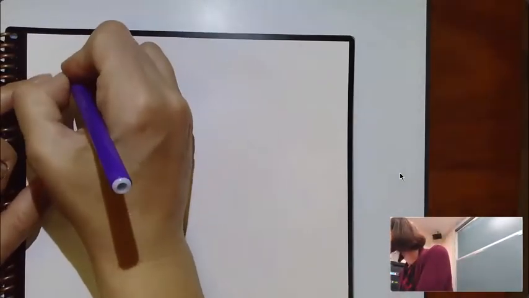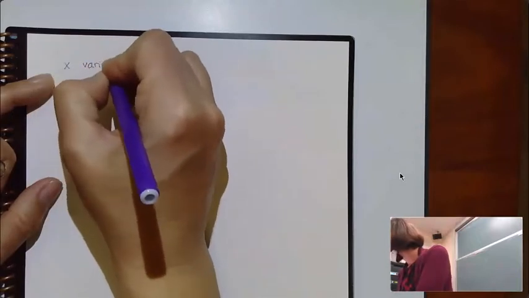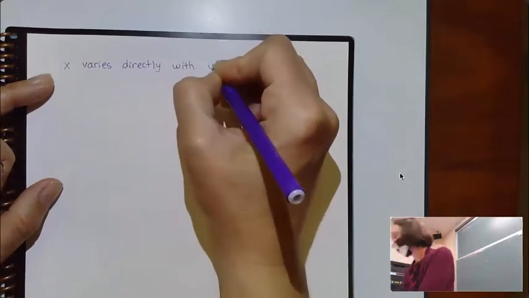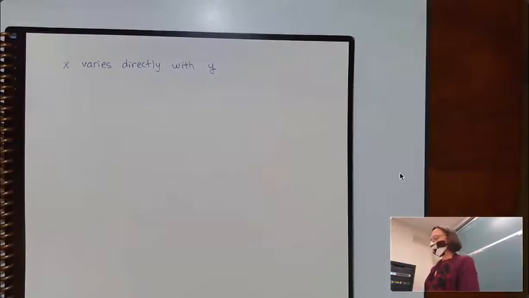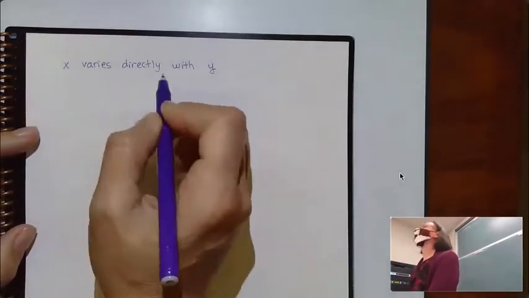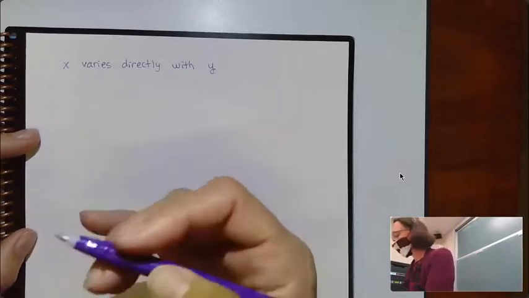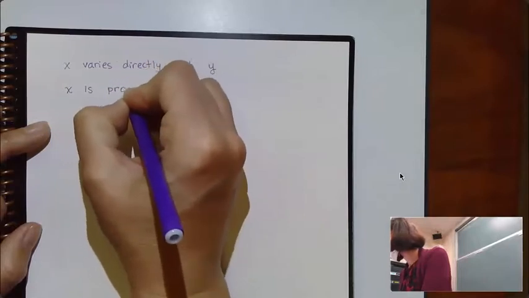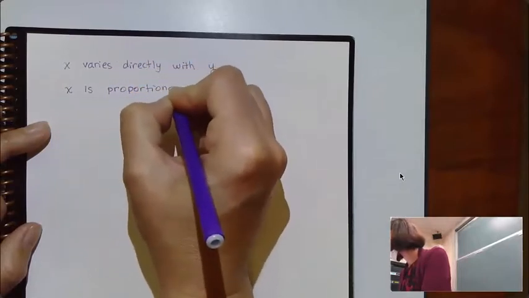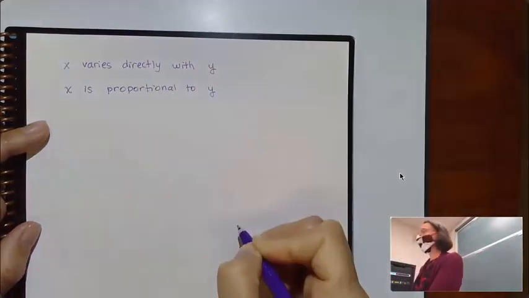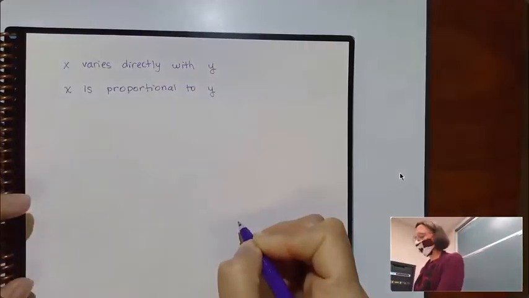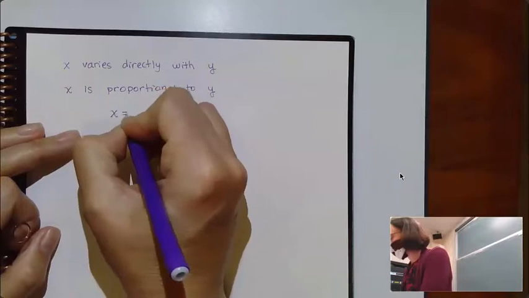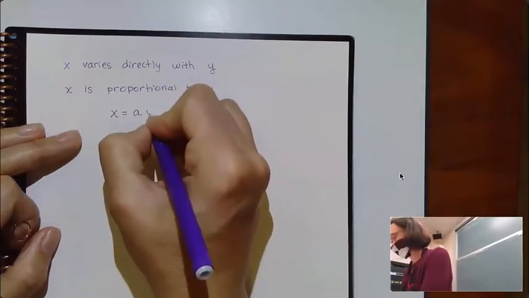If I say x varies directly with y, then that phrase, varies directly, means the same thing as saying x is proportional to y, and both of these mean that if I were writing this as an equation, x is equal to a constant times y.